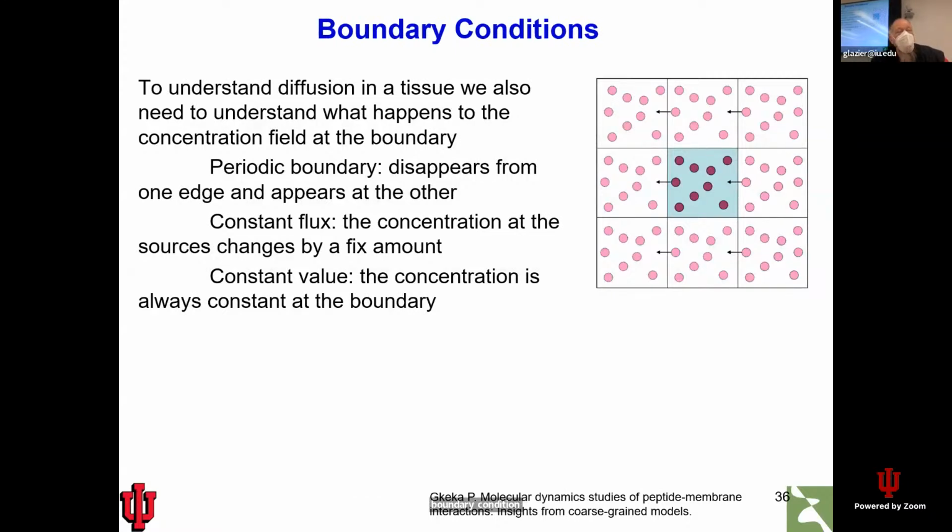Why do I use periodic boundary conditions? Periodic boundary conditions essentially make my tissue infinite by rolling it into a donut, and so getting rid of the edges. Now, periodic boundary conditions have some problems. If I have a gradient from one place to another, then I'll get a discontinuity of my concentration when I jump across that periodic boundary condition.